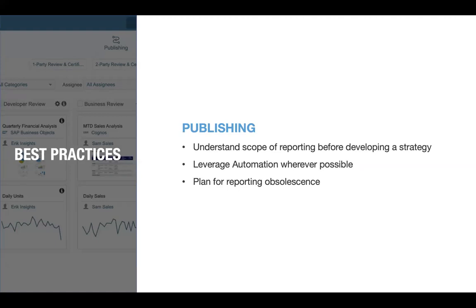It's a big mistake to make everything manual, because the more work is required to publish content, the harder it is to get adherence and make sure that everything that's important is getting published in the portal. So that's very important. And then the final piece that often people don't think about, but it's incredibly important, is to have a plan built in from the beginning for reporting obsolescence.